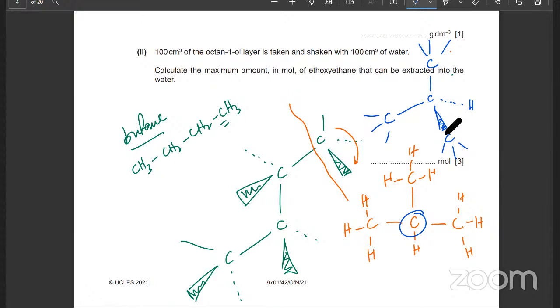No. Visualize this: it's a tetrahedral shape, right? In a tetrahedral shape, you're trying to say that the upper carbon is going to make its hydrogen bonds or whatever bonds with the hydrogens. Leave it, you're not focusing on hydrogen. Imagine this page is the plane, right? How do you make a tetrahedral shape?